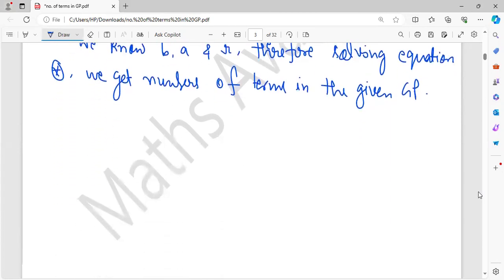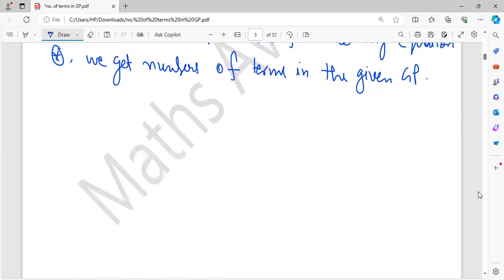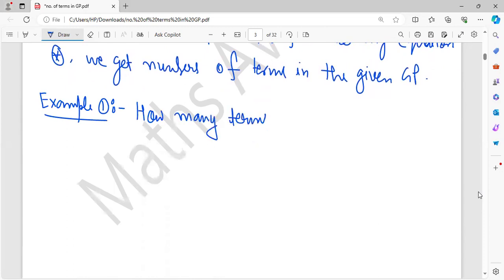How? First example I'm taking: how many terms does the given GP have?